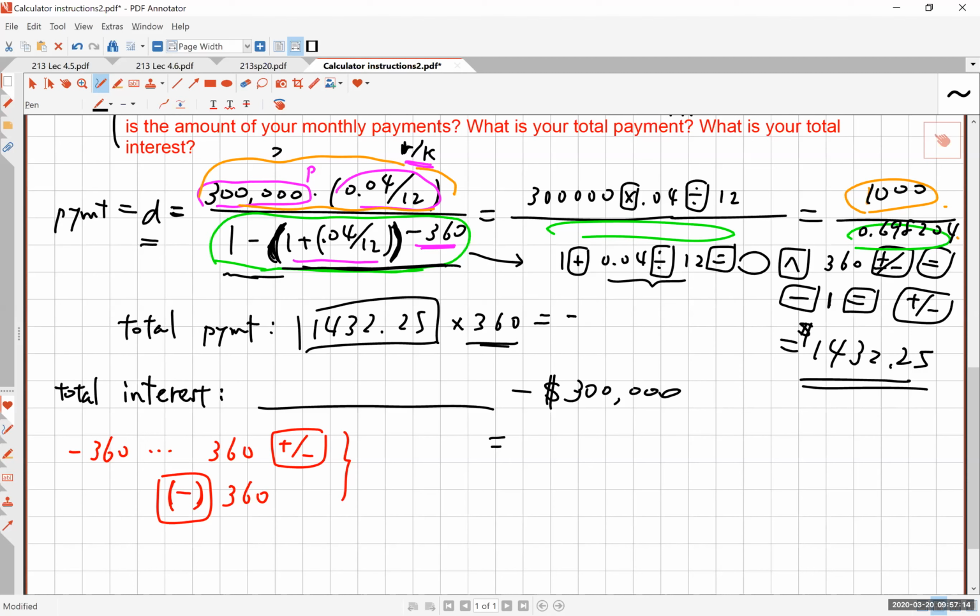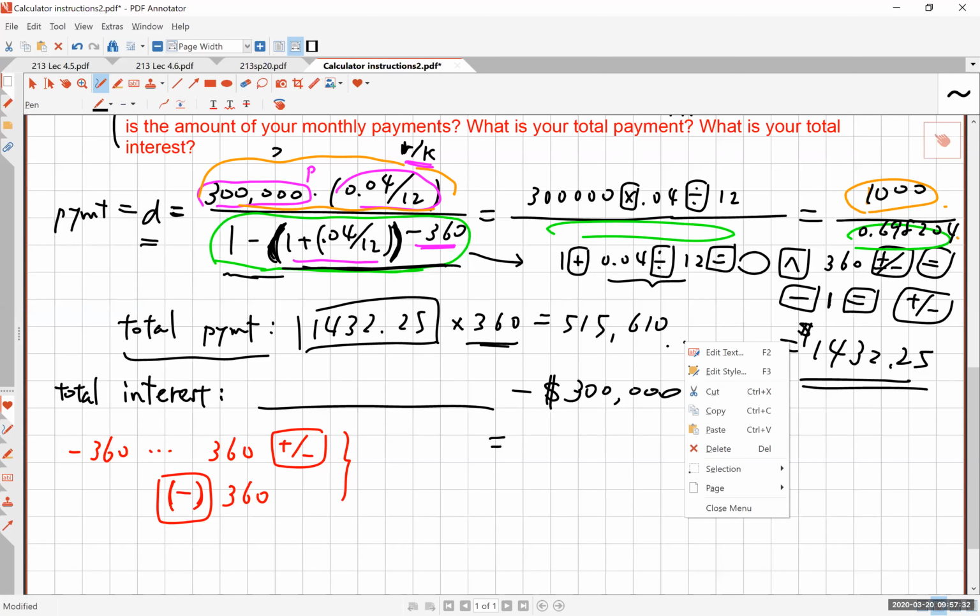All right, and if you do this, and again, I will show you this in a moment, you'll end up paying $515,610 in total payments. Okay, that's how you can calculate the total payment.